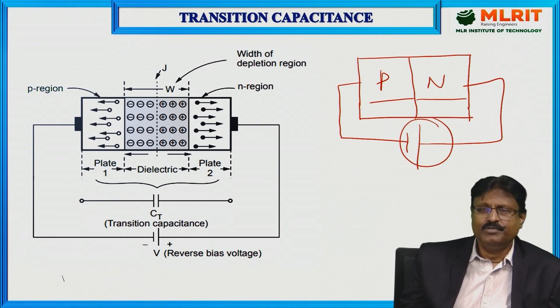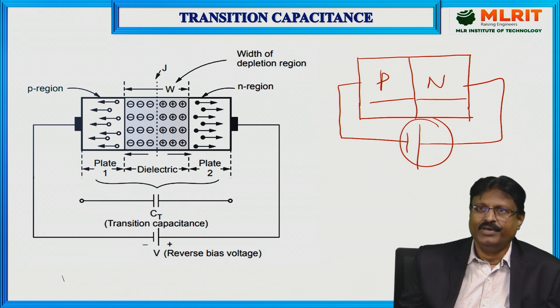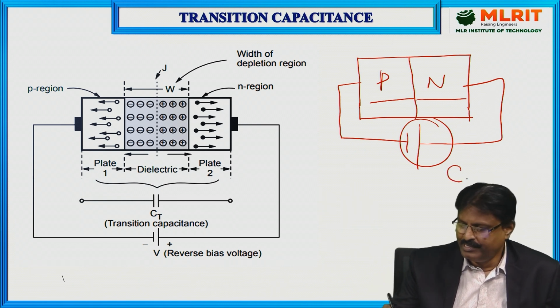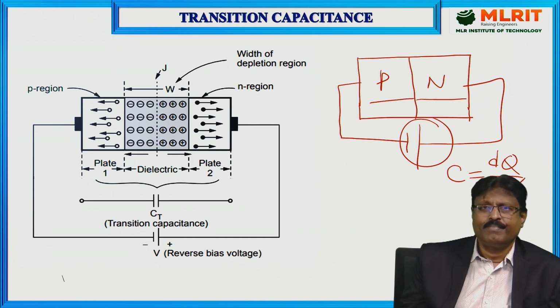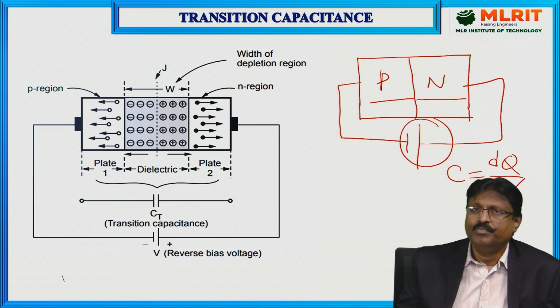In the reverse biasing mode of operation, there will be a capacitive effect exhibited by the diode. What do I mean by capacitive effect? Suppose I write the equation like this: C is equal to dq by dV. Whenever you apply a biasing voltage, there is a charge produced inside the device in accordance with the voltage variation.